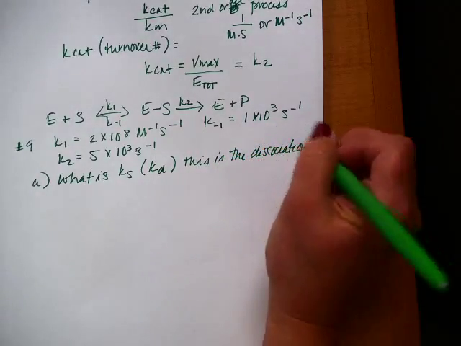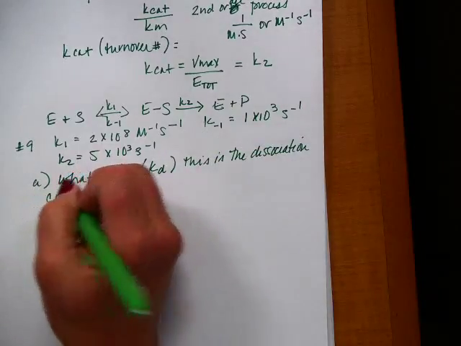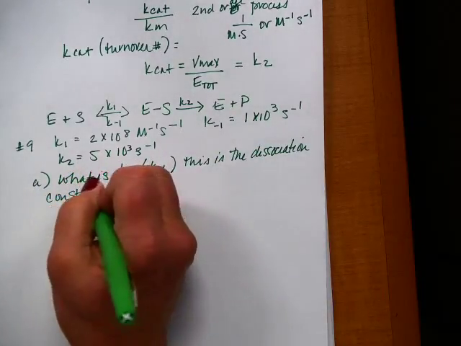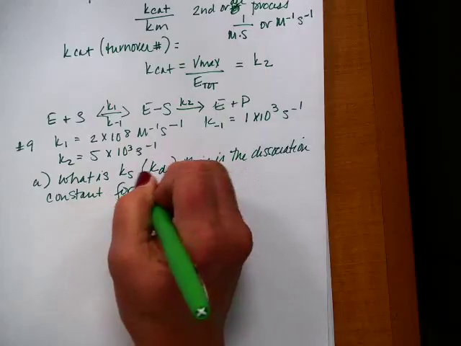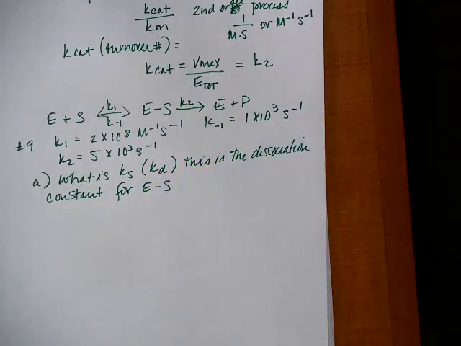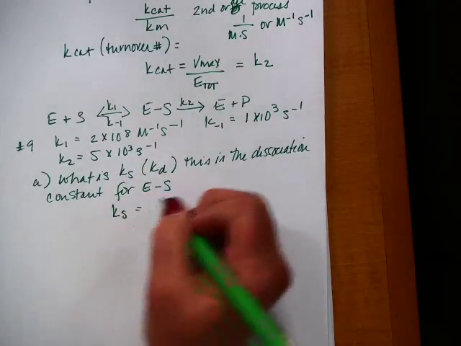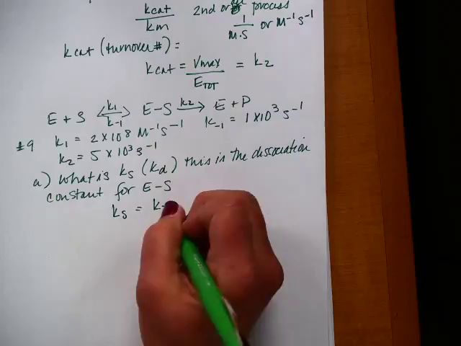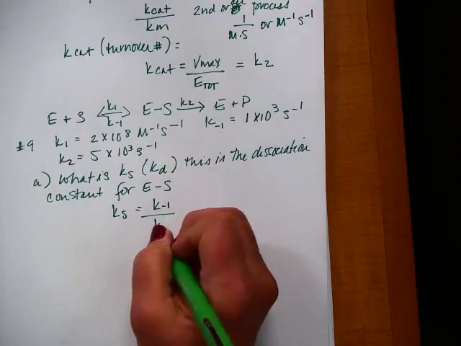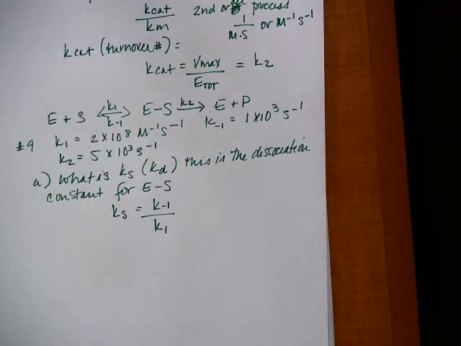Lots of constants. And so Ks is simply k subscript -1 divided by k subscript 1.